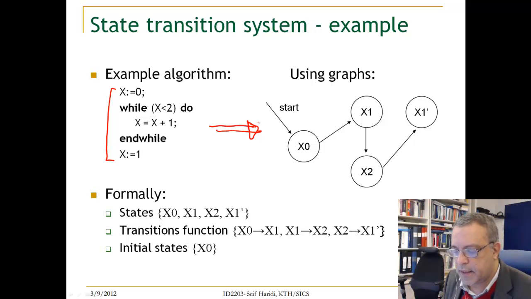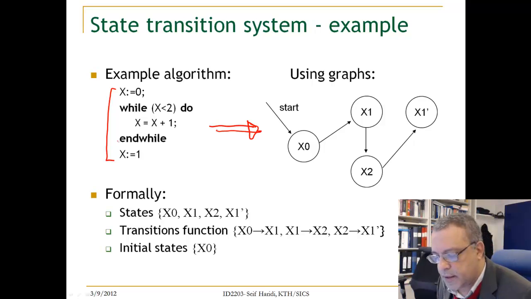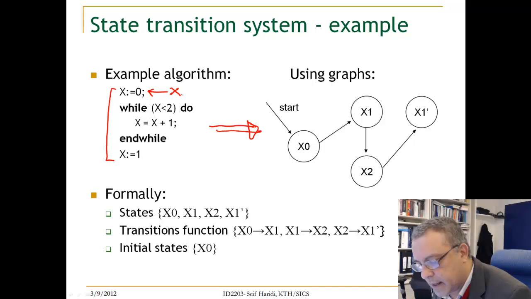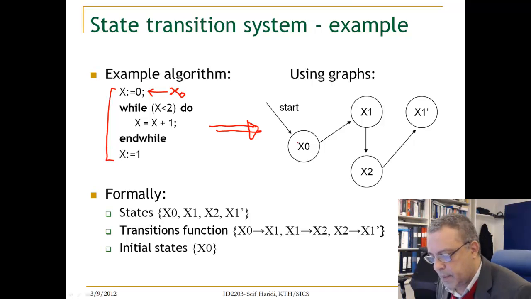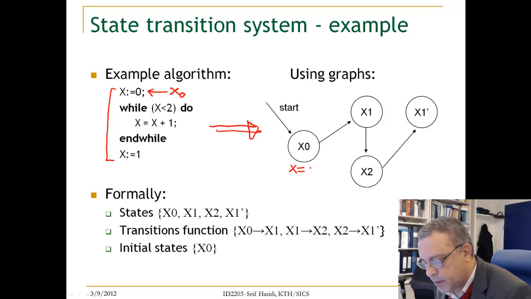You can think of this as follows. When you start the execution, you are at this point. This is state S0. And it means at state S0, we have the variable with the value 0.